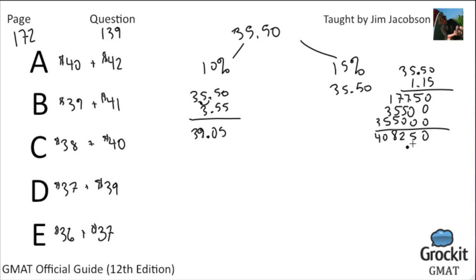And then we have to add all the decimal points, 1, 2, 3, 4. So it ends up being $40 and let's just say 83 cents. So rounding it up, the only answer choice that's close to our answers here is the total amount paid must have been between that, so it's answer choice B.